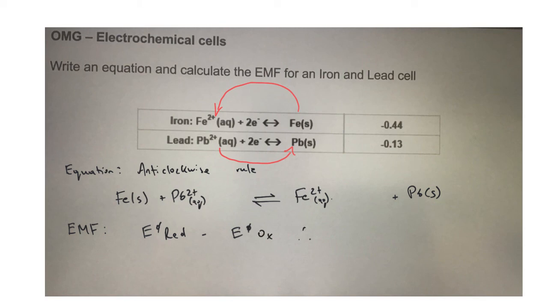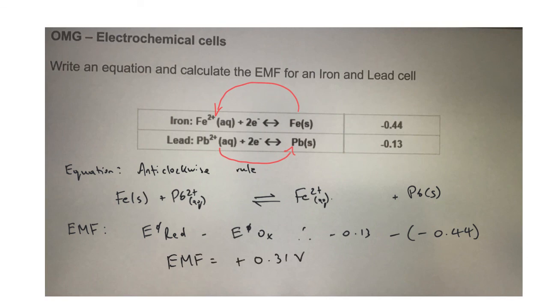In this case, my electrode potential of the thing being reduced was lead, Pb, which was minus 0.13, and then I'm going to subtract my electrode potential of iron, which is going to give me minus 0.13 minus minus 0.44. This is going to give me an EMF then of positive 0.31.